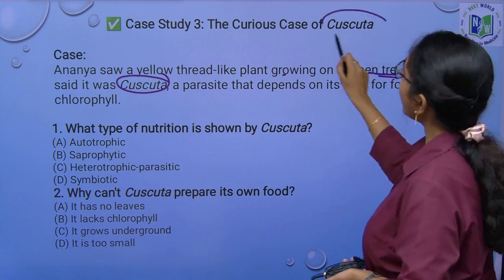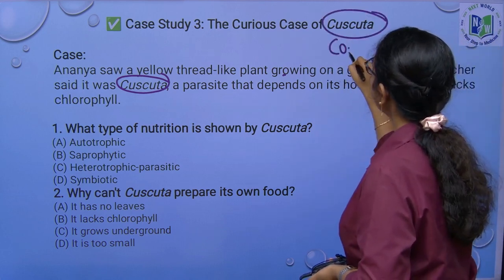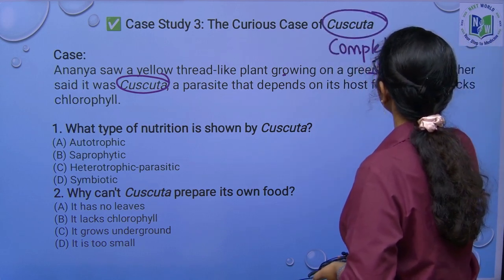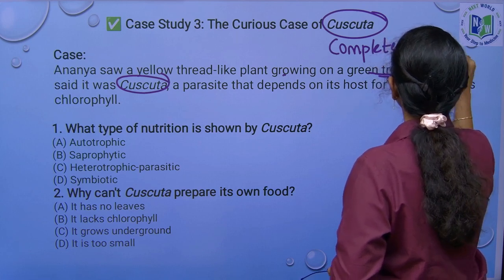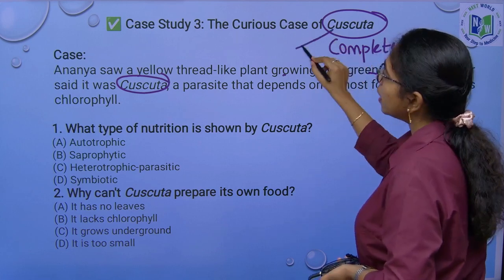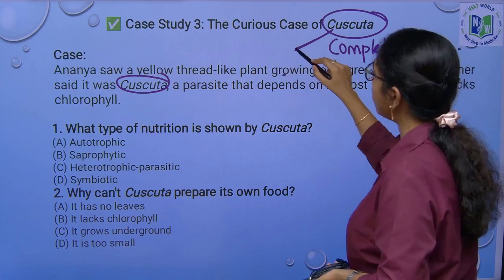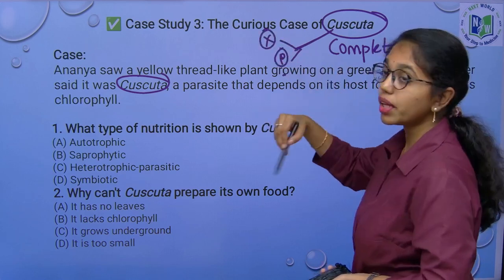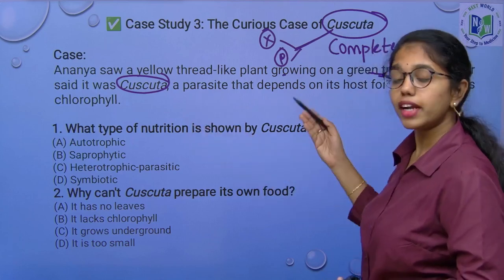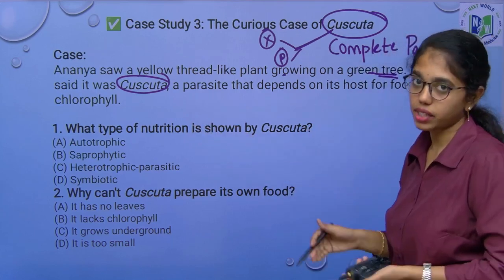So Cuscuta is called a complete parasite because the thread-like structures extend both into the xylem and phloem of the host plant. That is why it is called a complete parasitic plant.